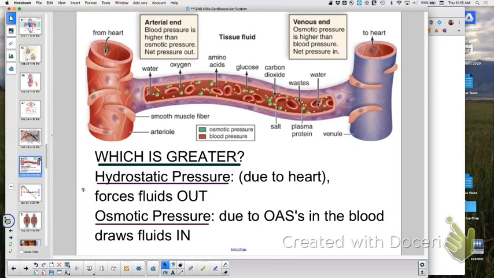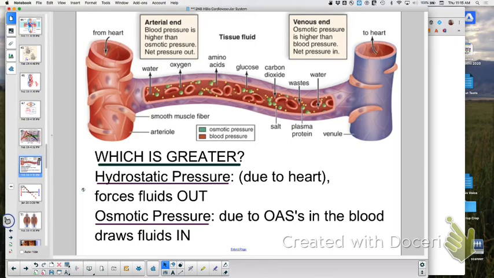So your blood volume's going to go up, so your heart's going to have to work harder. But that'll be counteracted because the osmotic pressure will be higher, so you'll get to recover it. So different things can affect each of these. Exercise can affect each of these, because if you're working out, your blood pressure is going to be higher. And we'll go through this too when we talk about the immune system.